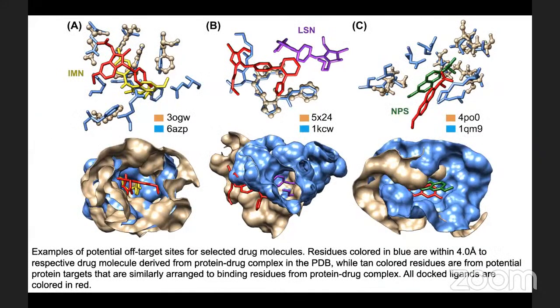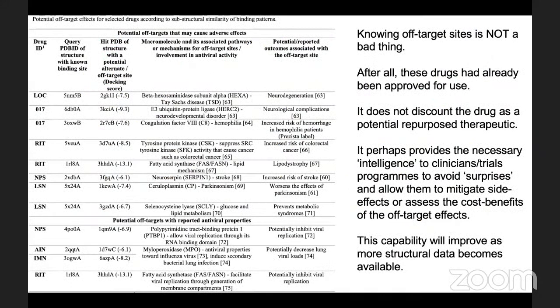And we were able to find some examples of that. However, do take note that knowing off-target sites is not a bad thing. Why? Because by knowing these off-target sites, clinicians and trial programs can be provided with the necessary intelligence to avoid surprises, and it will allow them to mitigate the side effects and assess the cost benefits of the off-target effects.